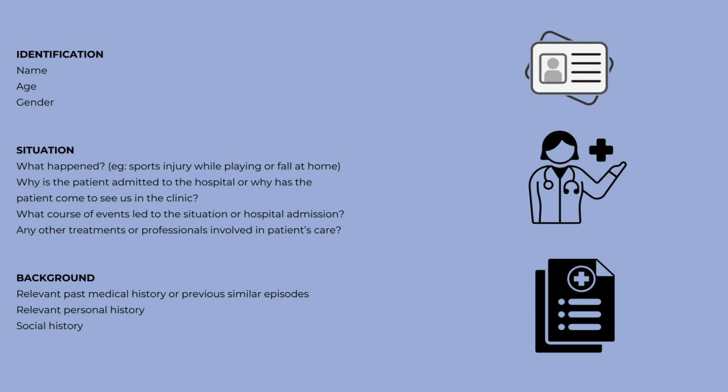Then moving on, the next thing we need to understand is, are there any other treatments or professionals that have been involved in patient's care? So has the patient seen anyone before? And again, please remember, we are looking at the patient file. So all this information may be there or may not be there.